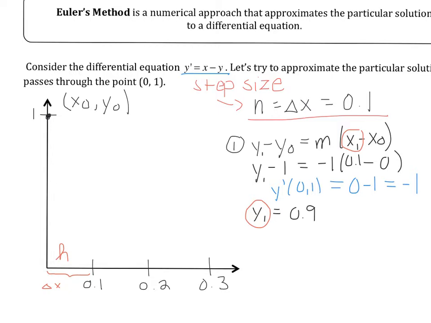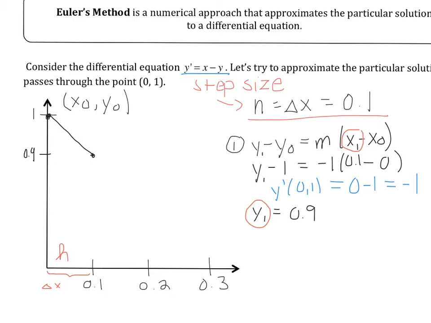Our next point will be x equals 0.1 and y equals 0.9. So let's graph that. Here's 0.9, and here's x equals 0.1, so our next point will be here-ish. Then let's connect those, because after all, we were making a tangent line. Let's try that again. Okay, that's not terrible. Great.